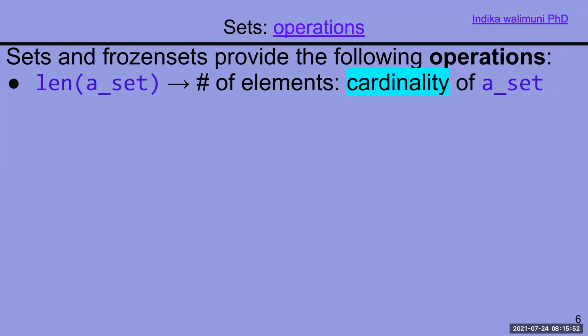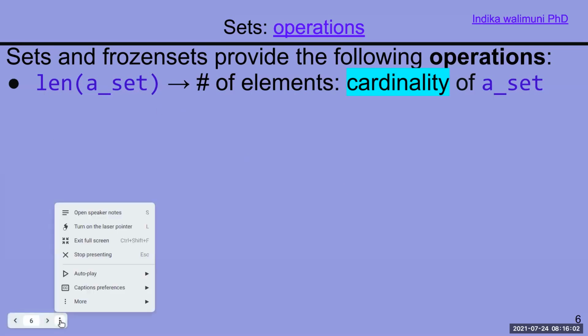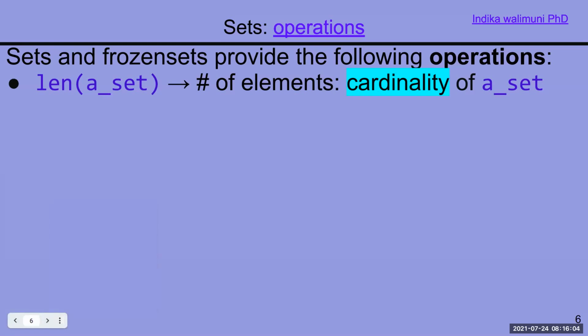The length of a set has a definition in mathematics; we call it the cardinality of a set. We can use the len built-in function to get the length of a set, because a set is a container. For any iterable object, we can get the length using the len function.